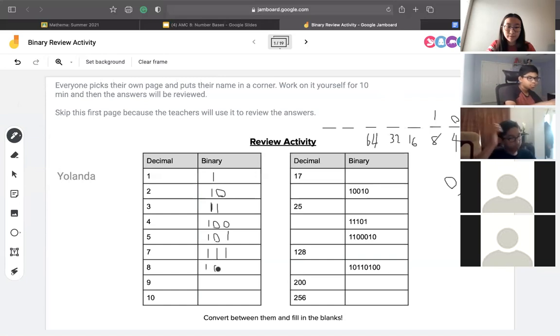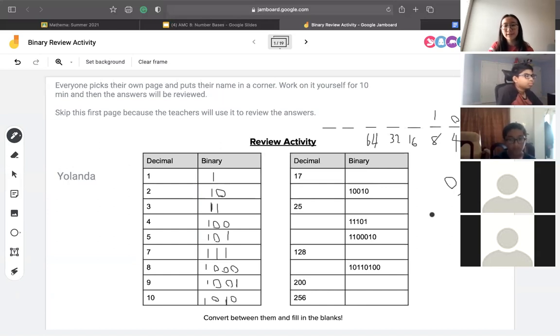So 1, 0, 0, 0. Okay, so I think 9 and 10 are pretty simple, so we can go ahead and fill this in. 10 is 1, 0, 1, 0, and 9 is 1, 0, 0, 1.